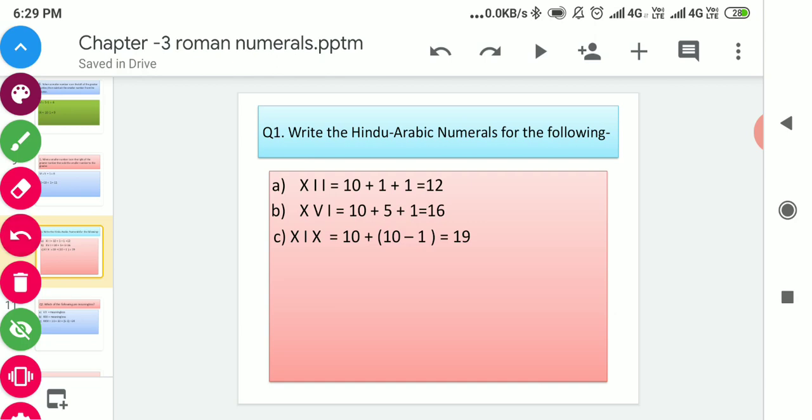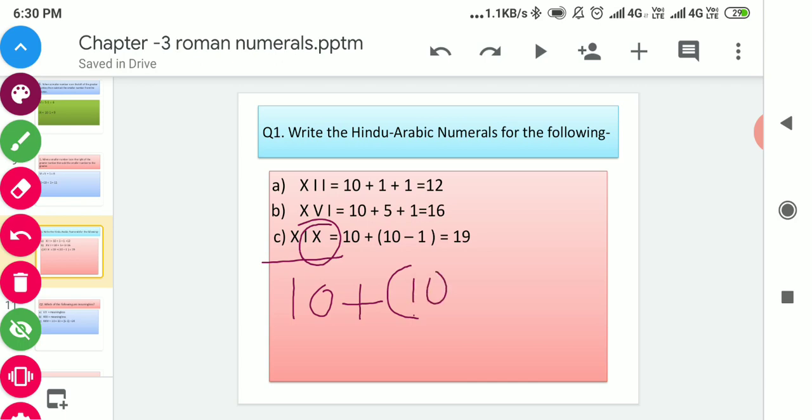Next question, XIX. After X, a smaller number is given. So according to rule number 5, we will do addition after 10. But according to rule number 4, smaller number is kept to the left of the bigger number.